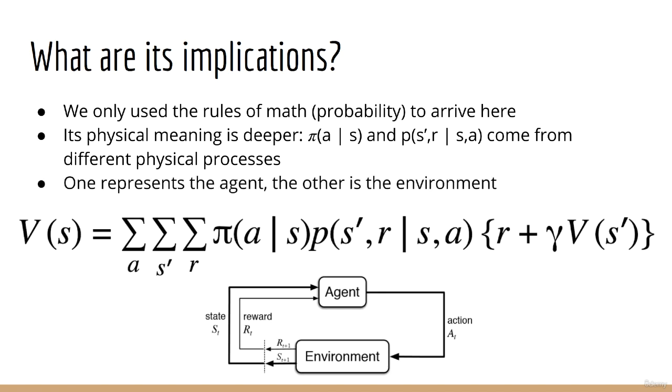Pi is our policy and it represents our agent, so you can think of that as like an animal. The state transition probability represents our environment, so you can think of that as the world. So it's interesting that while we can freely manipulate this equation mathematically, these two objects are actually completely distinct physically.